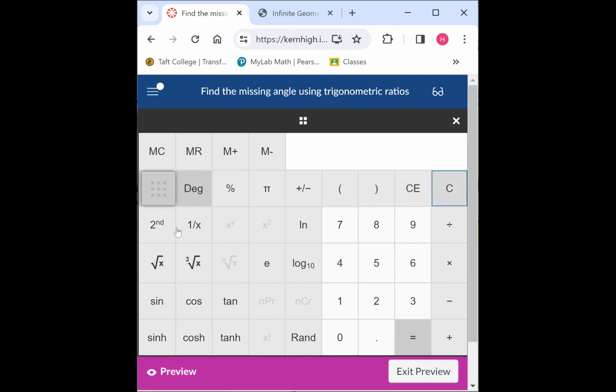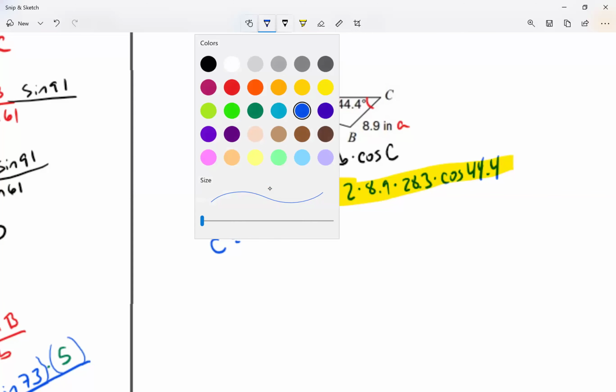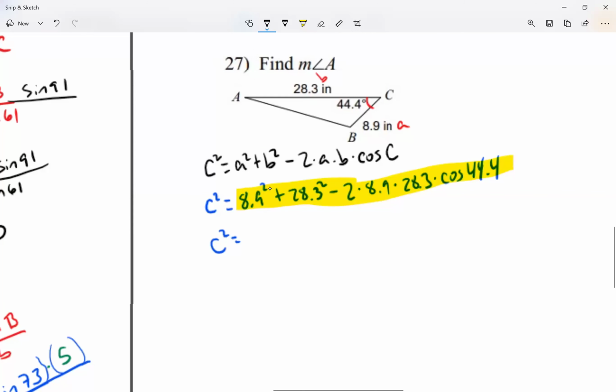Okay, so let me do this real quick. Let me show you what I'm going to do. Actually, I was hoping it would do this to me. I really was. Let me just do this part first. I'm going to do this multiplication at the end.